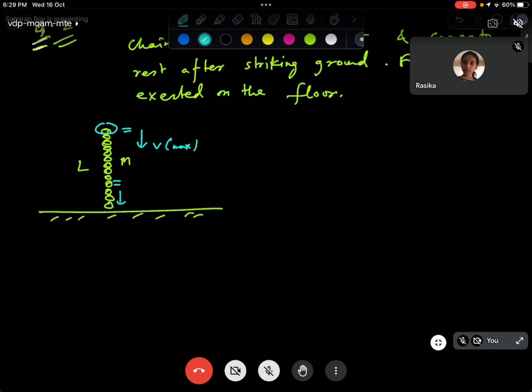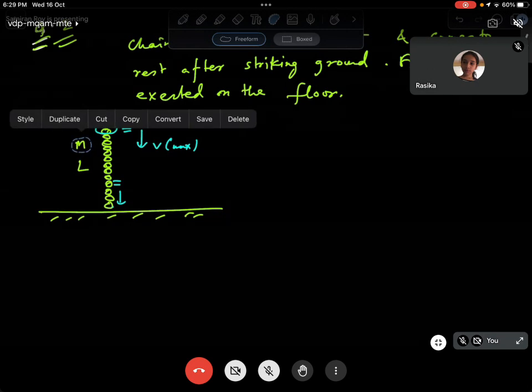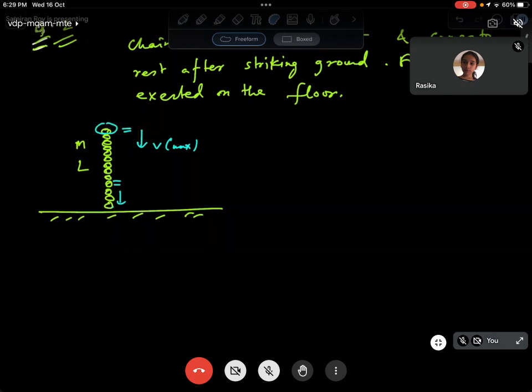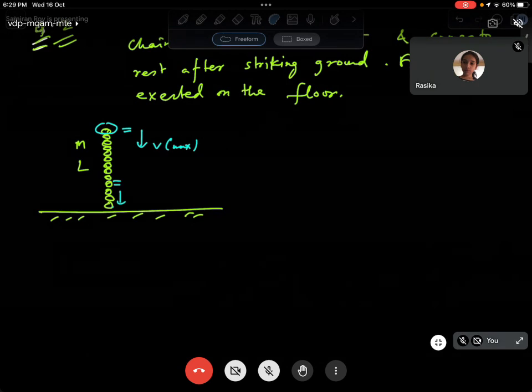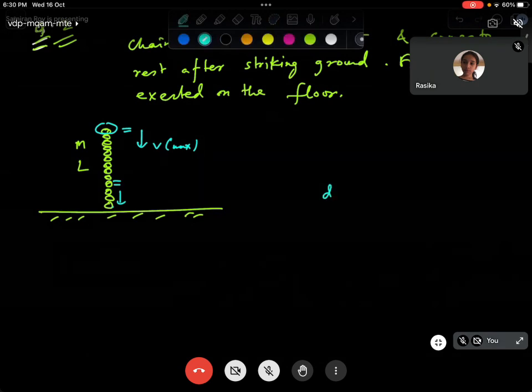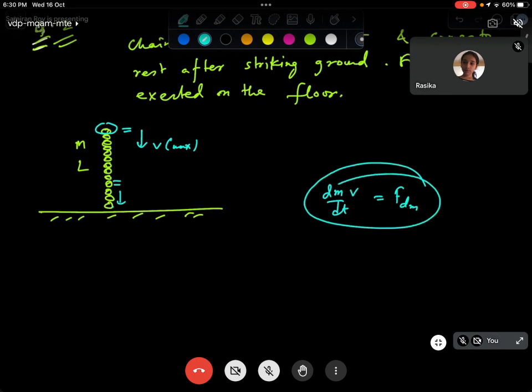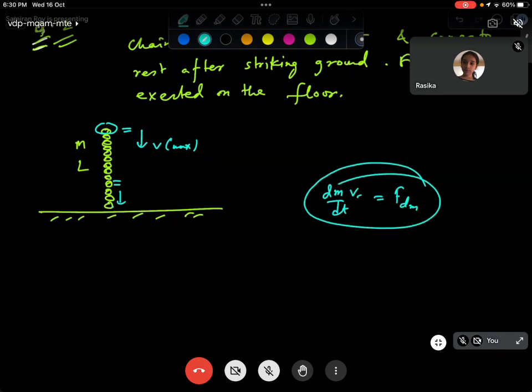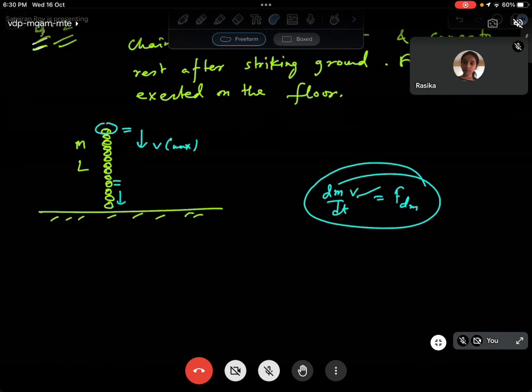Suppose dm is falling with velocity v. So dm by dt into v will be the force by the dm part. Force by some other part will be with some other v. You have to find the force exerted on the floor. Solve this.